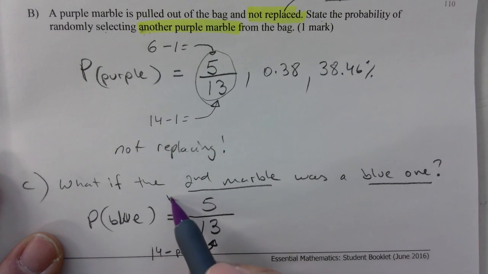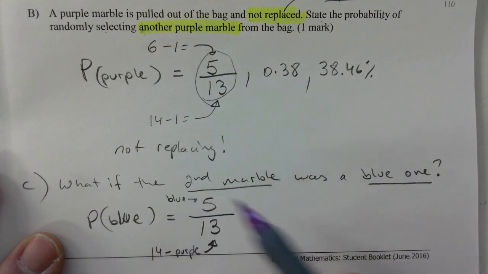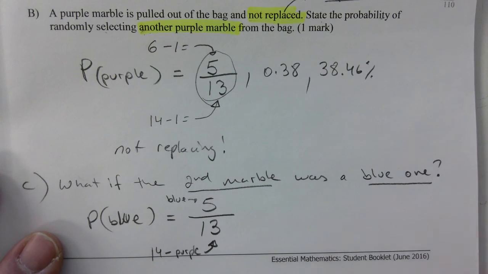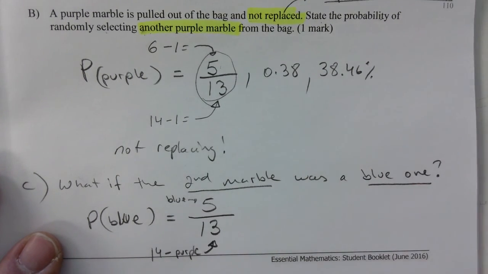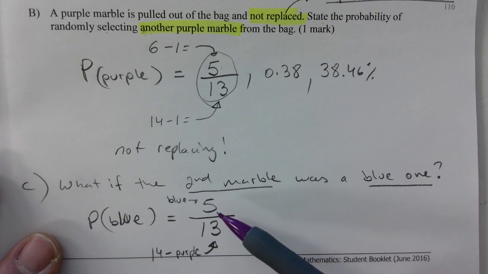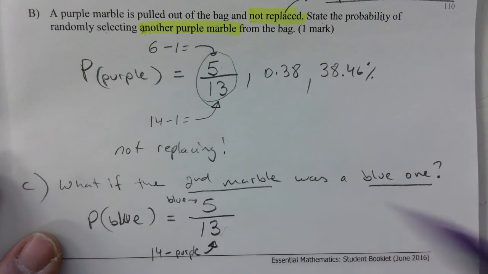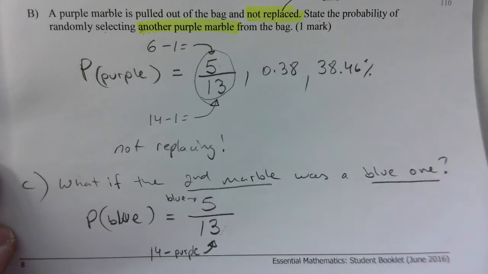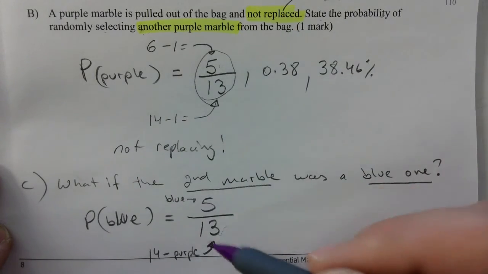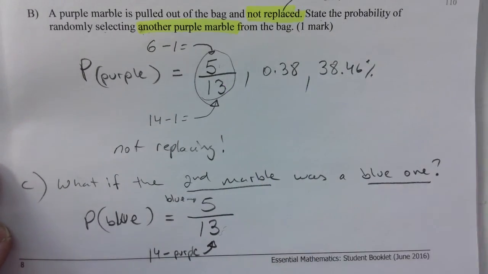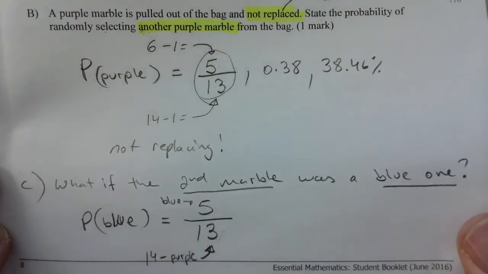The blue has not been affected, so that's just 5. So sometimes you have to subtract 1 from both, and sometimes you only have to subtract 1 from the denominator. So just keep that in mind. Hey, coincidentally, it's the same as B. That's just luck, right? That's just coincidence.